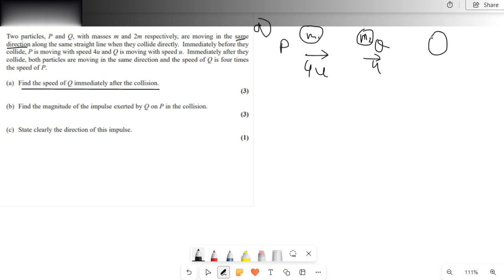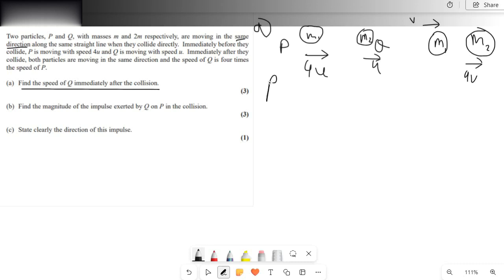And after collision, this is M1, this is M2. We know that both particles are moving in the same direction and the speed of Q is 4 times the speed of P. So if the final velocity of P was v, therefore the final velocity of Q must be 4v.